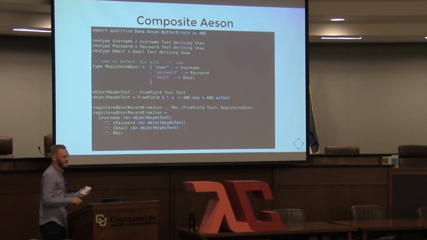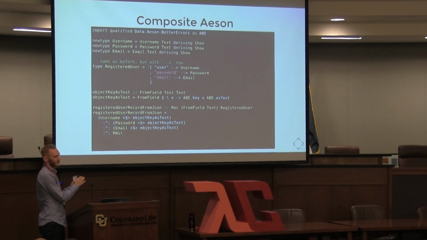And so positionally, as we said before, our username parser is here, password parser is here, email parser is here. So they're positioned inside the record based on which field we care about.